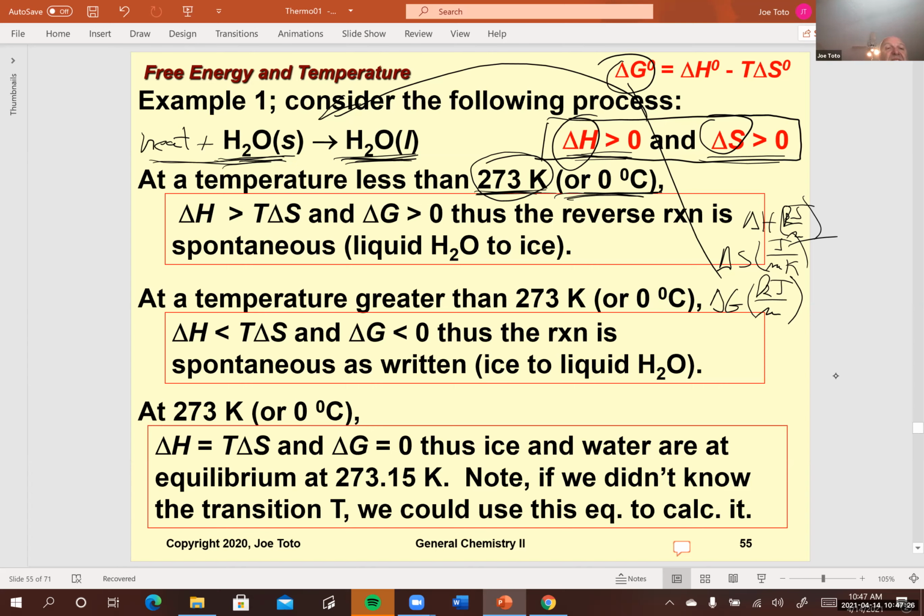What takes place in this reaction at 0 degrees? Is there a net conversion of liquid to ice or ice to liquid at 0 degrees, right at 0? Liquid to ice. So at 0 degrees, would ice melt or would water freeze?